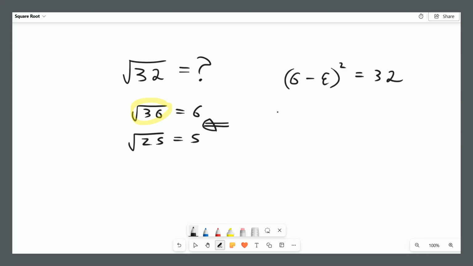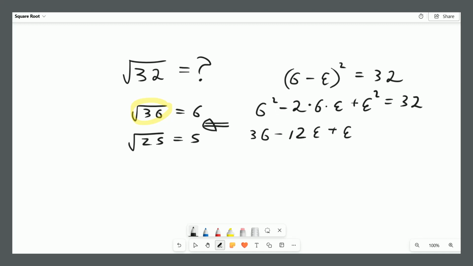And then we go through the same process. Expanding these brackets gives us 6² minus 2 times 6 times epsilon plus epsilon² equals 32. Simplifying, we have 36 minus 12 epsilon plus epsilon² equals 32.